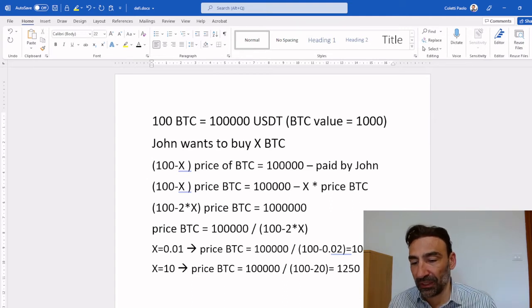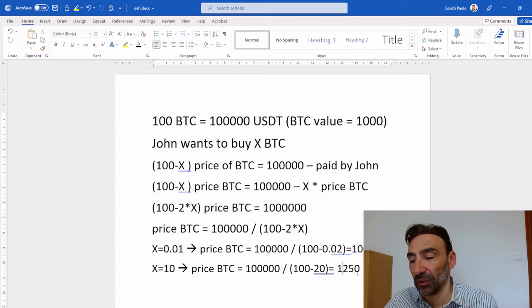Apart from the mathematical result, the smart contract is assuming that Bitcoin is now highly requested with respect to USDT, because John takes 10% of the reserve off. On the other side, the smart contract doesn't like to be depleted, because now it is depleted of Bitcoin, so the price is much higher.